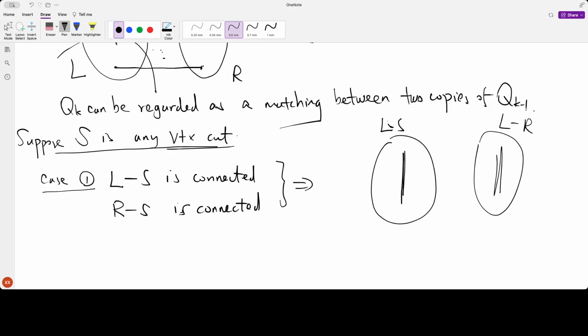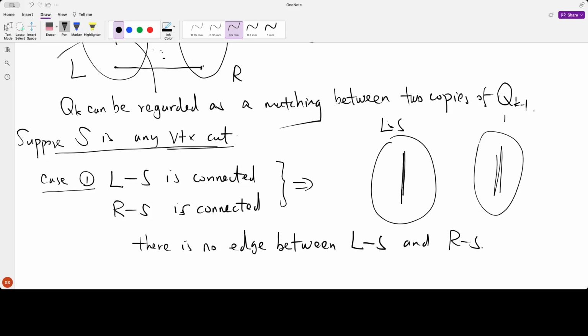I want to claim that there is no edge between L minus S and R minus S. Because if there is an edge between them, then the whole graph is connected, which means that S is not a vertex cut.